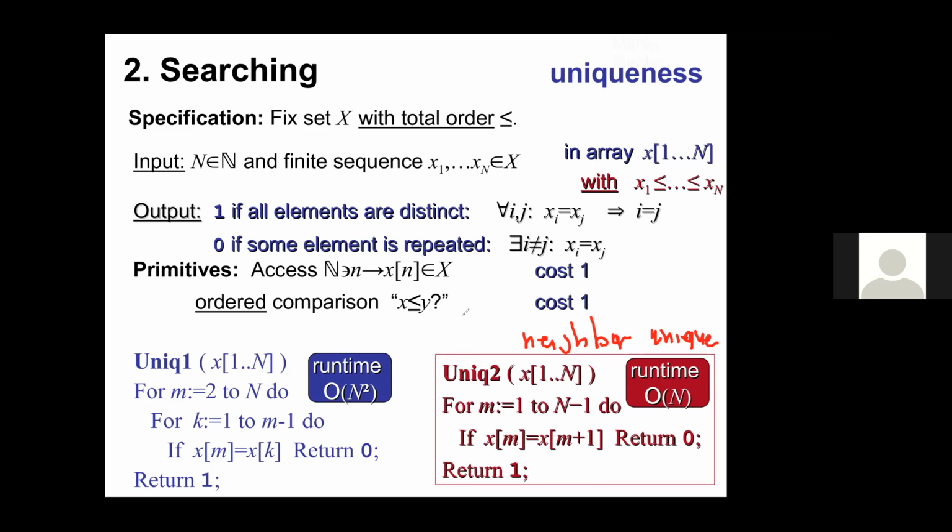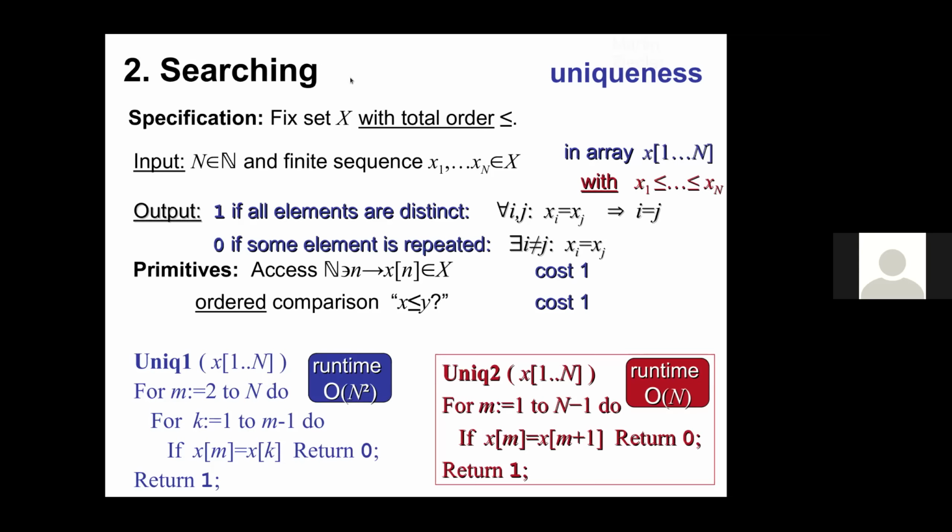I also made this remark that if you want to test uniqueness, then it is actually better to use the unique 2 algorithm after sorting the array, because of the time that you need to sort the array, which we'll discuss next time probably.